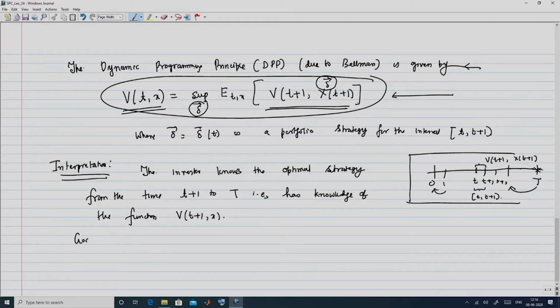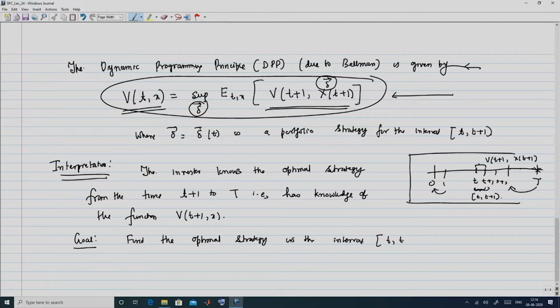And what is the goal? The goal is to find the optimal strategy in the interval. Remember, we are now looking at the interval t to t plus 1.